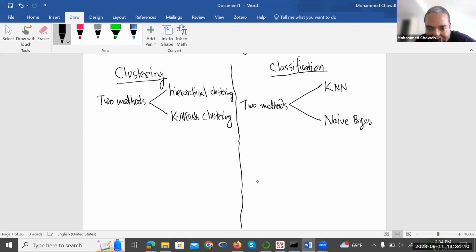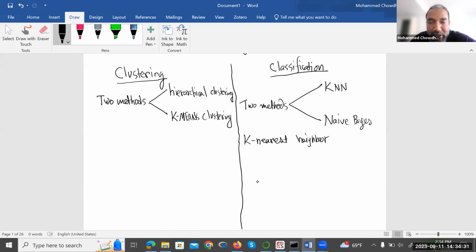So KNN means K nearest neighbor. Okay. So this is the thing.